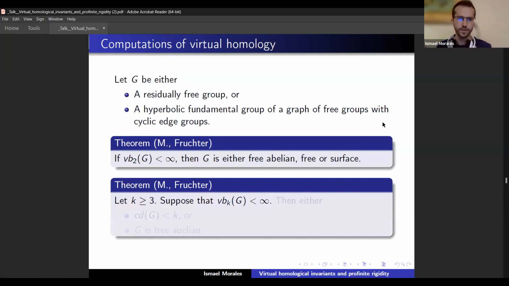Then on relating higher homological invariants, we can prove that if k is greater or equal than 3, and the virtual kth Betti number is finite, it's either for homological dimension reasons, namely that the homological dimension is smaller than k, or because G is just free abelian.